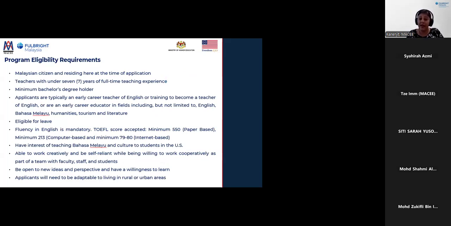This program, like all Fulbright programs that we open, is catered for Malaysian citizens only. And you have to be residing in Malaysia at the point of application. So if a person applying for this program happens to be working or studying abroad, they will be ineligible to apply.